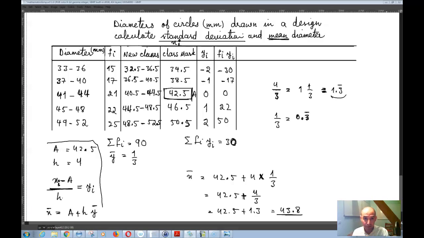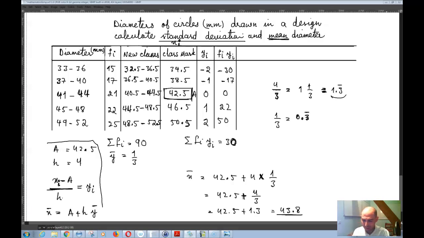Now if I calculate based on that, 34.5 minus 42.5, that's negative 8, divided by 4 is equal to negative 2. Then 38.5 minus 42.5 is negative 4, divided by 4 is equal to negative 1.